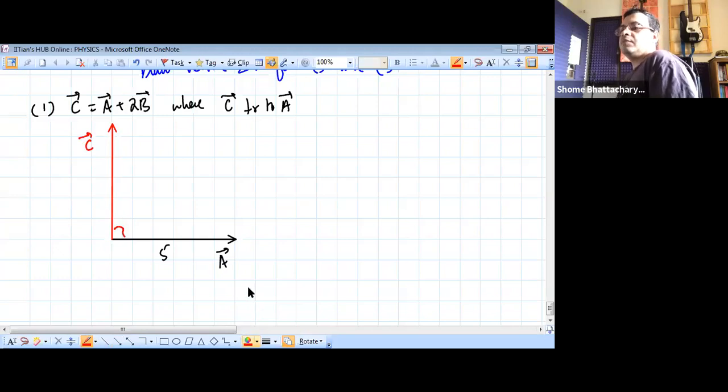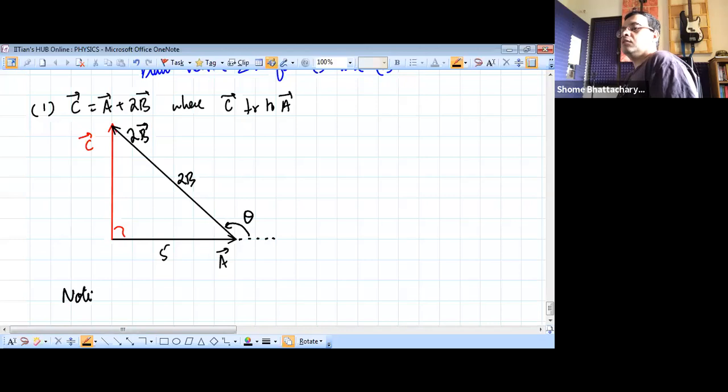So C is coming by adding A with which vector? With 2B. So 2B, that is 2 times the vector B, should be here. 2B should be like this. So the magnitude of this side is 2B. Suppose the angle between A and B was some theta, then the angle between A and 2B will also be theta.